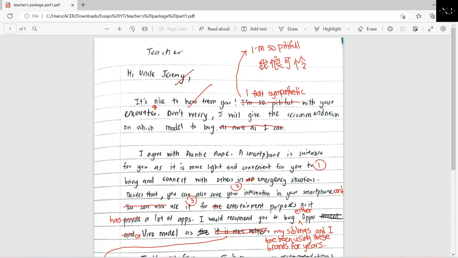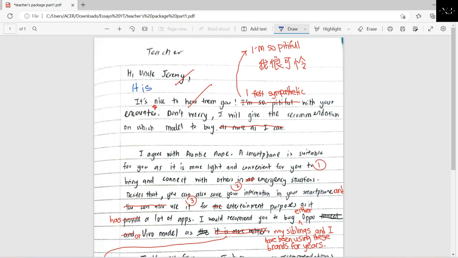So let's take a look at what my student has written. "Hi Uncle Jeremy, it's nice to hear from you. I'm so pitiful with your encounter." Okay, pause for a moment. Can we take a look at the word "it's" first? I-T-apostrophe-S. This is correct because it is the short form for "it is".